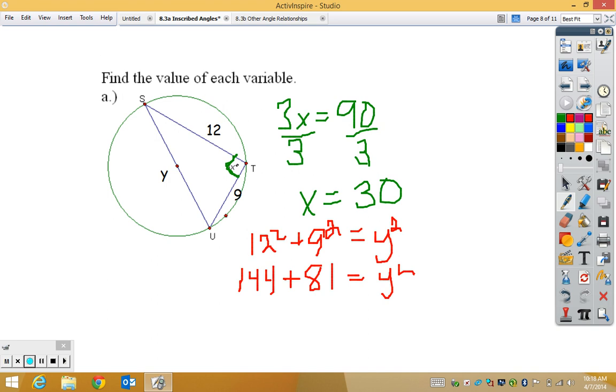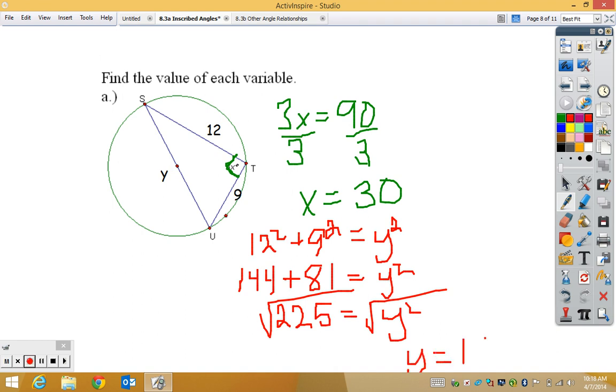We combine the two of them and we will get 225. That's equal to y squared. We take the square root of both sides and we find that y equals 15.